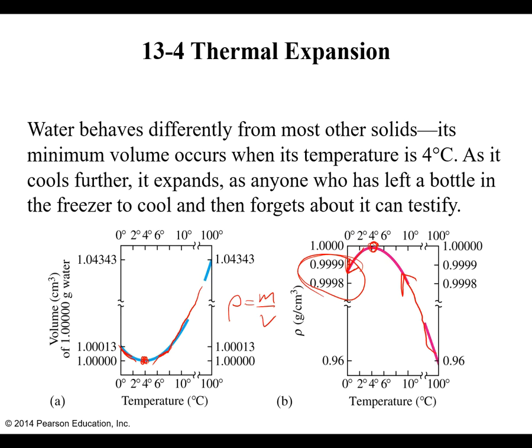This is very important because if water followed the normal behavior, the principle that if the temperature drops and the volume drops, then the density would increase, and as it increases, ice would become more dense. Well, then let's say we have a lake.